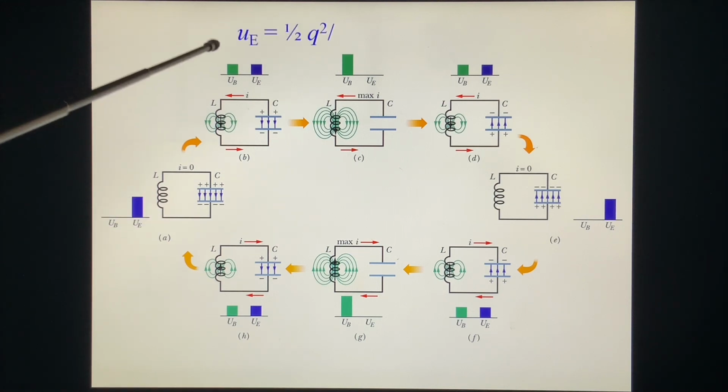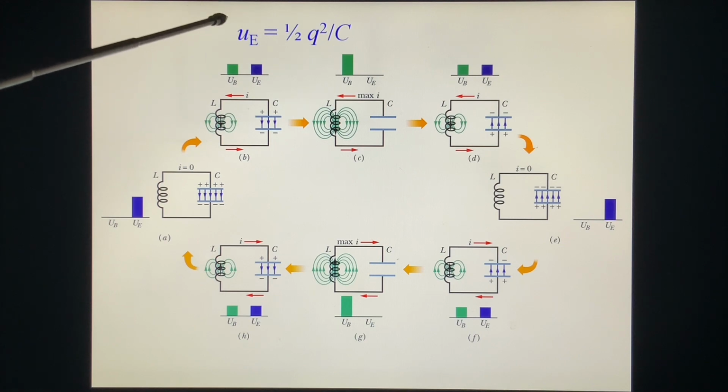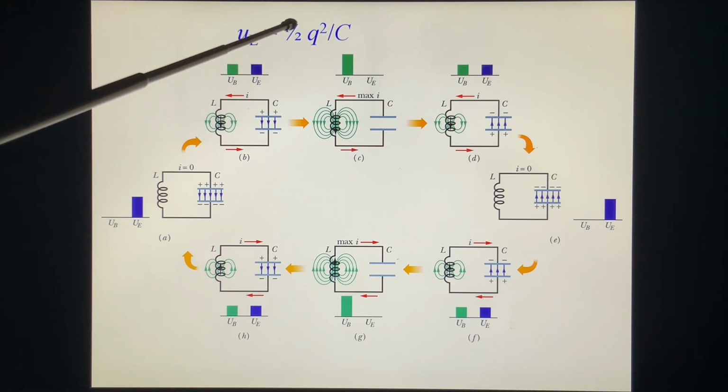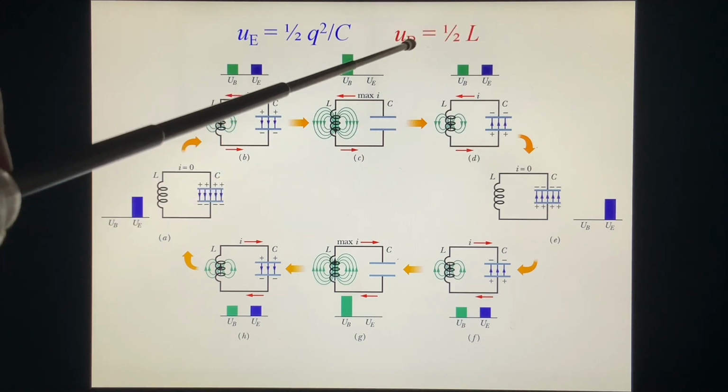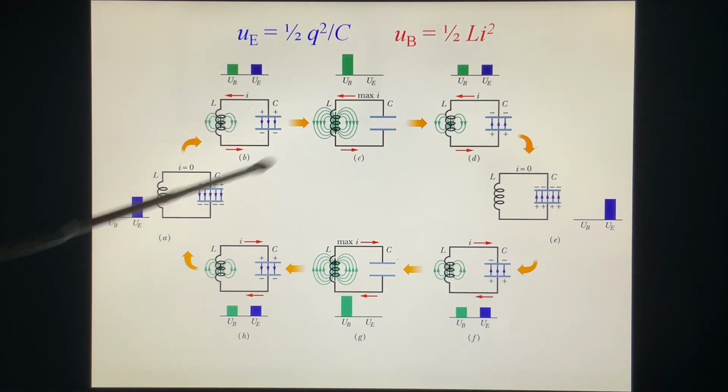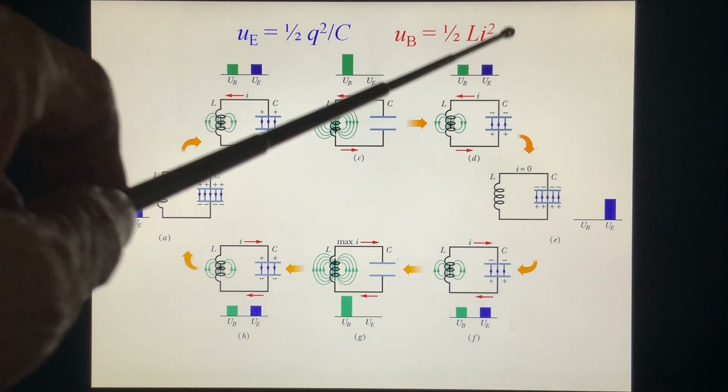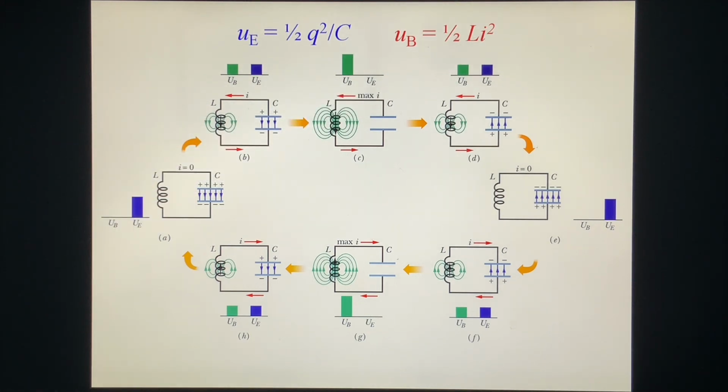We know the electric field energy is half Q squared over C, and the magnetic field energy in the coil is half L i squared. In this case, i equals 0 and Q is the maximum, so the electric energy is stored in this capacitor. The total energy is concentrated here.